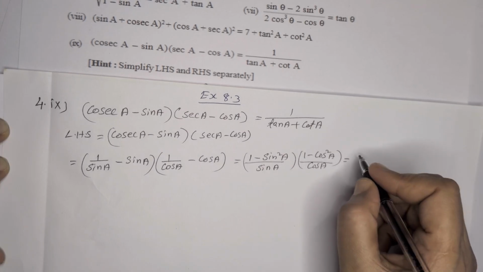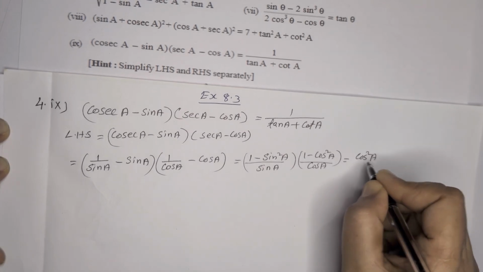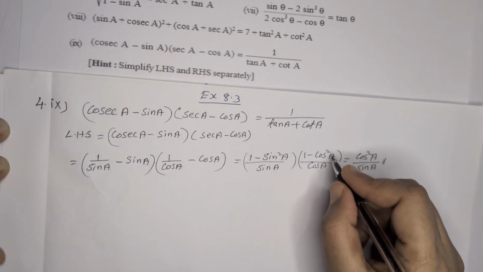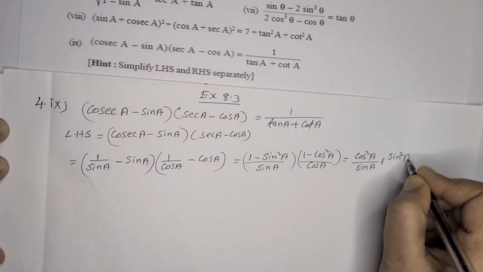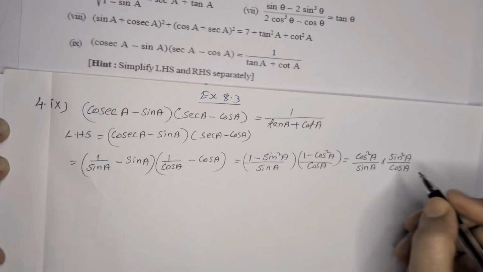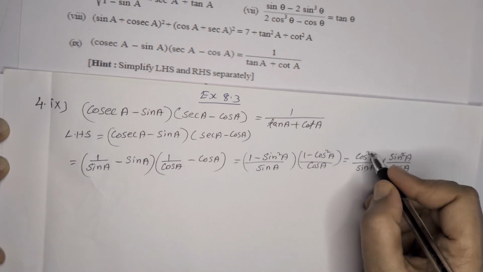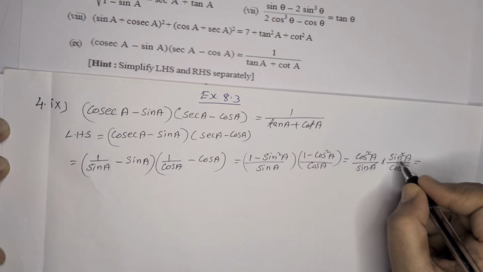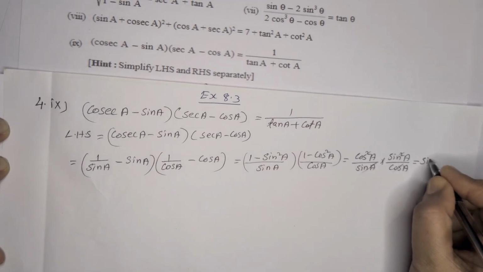From that, 1 minus sin square A is equal to cos square A by sin A, into, here 1 minus cos square A is sin square A by cos A. Now 1 sin we can cancel from numerator and denominator, same way 1 cos also we can cancel. Then remaining, that is 1 sin and cos. So we can write that as sin A cos A.